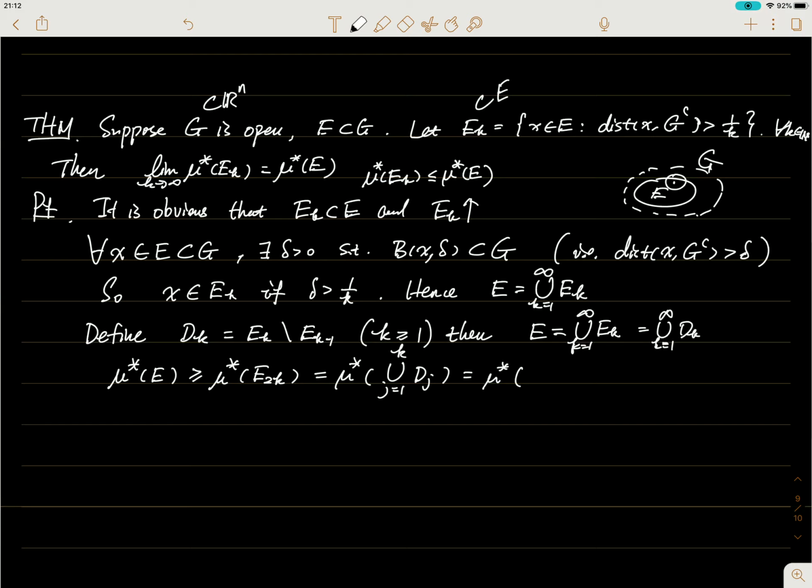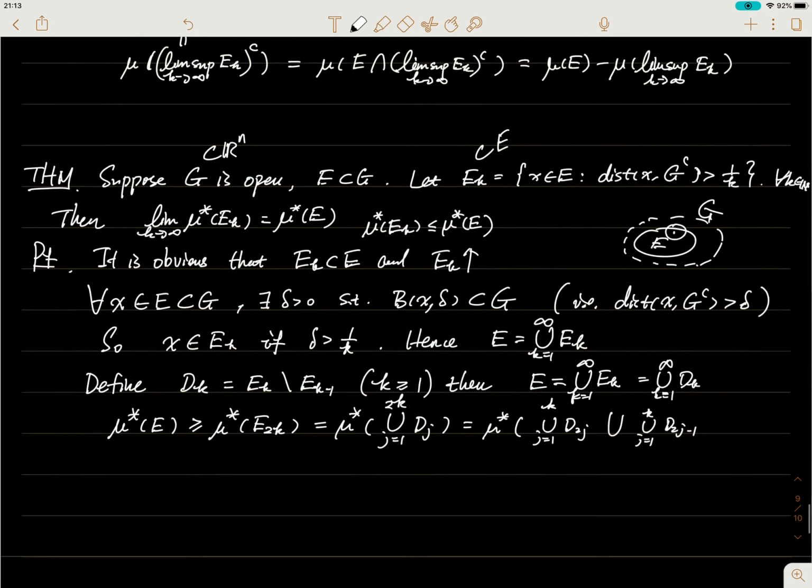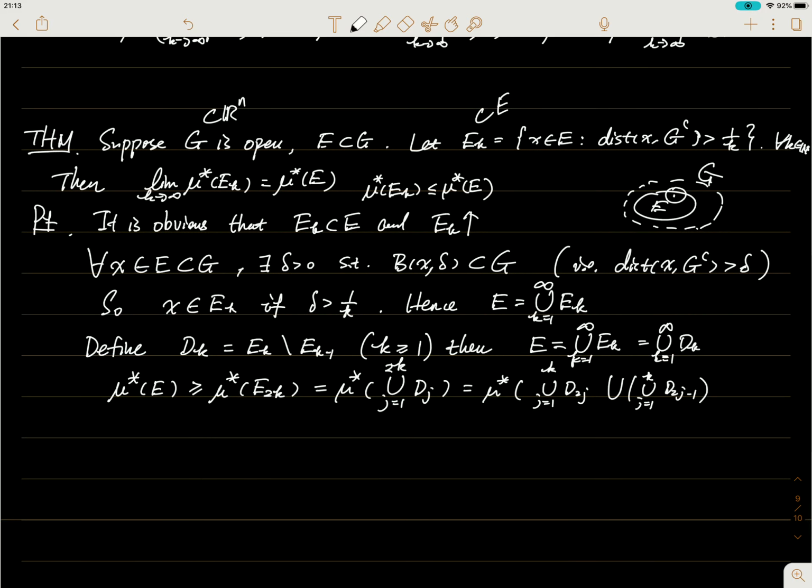The one is only on the even numbers, and the other one is only on the odd numbers. It should be 2k here. It's j from 1 to k for the D_{2j}, and the other one could be j from 1 to k of D_{2j-1}. Okay, so I separate the even indices and the odd indices.